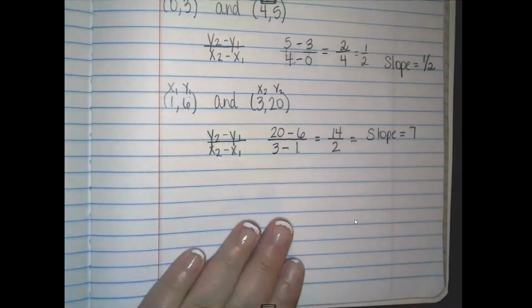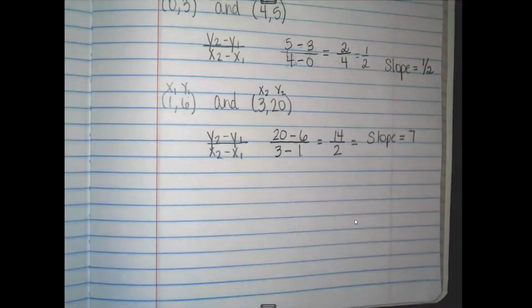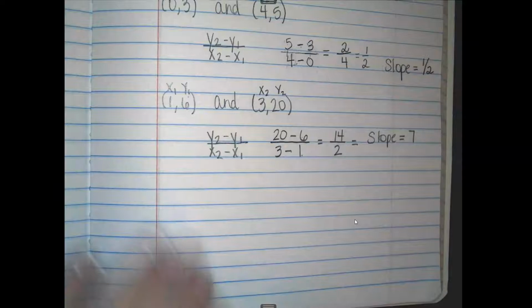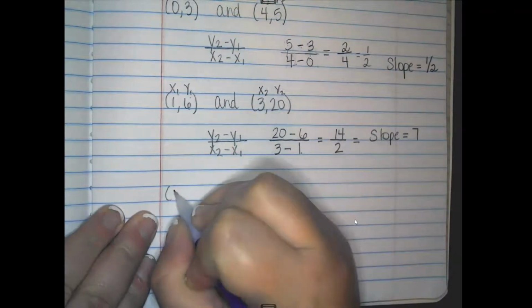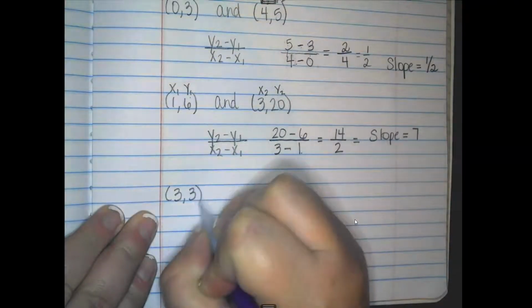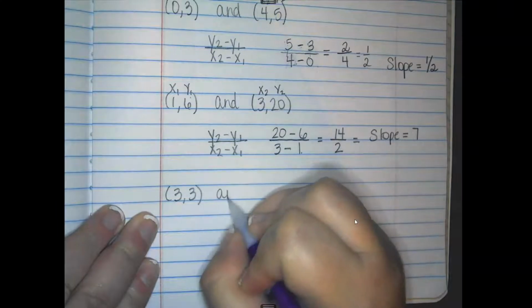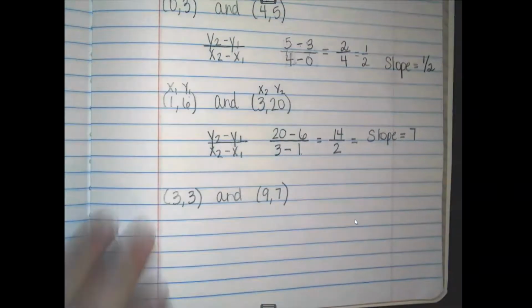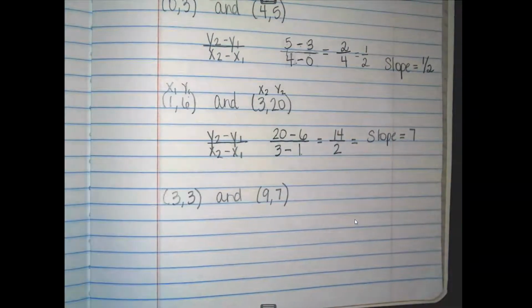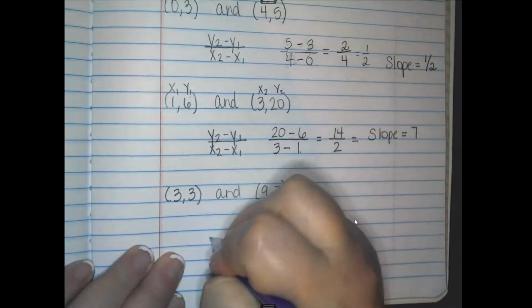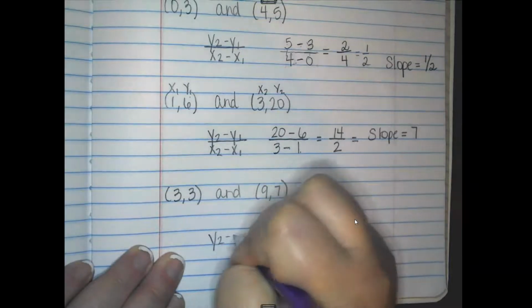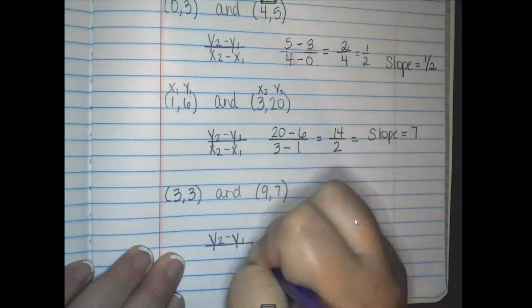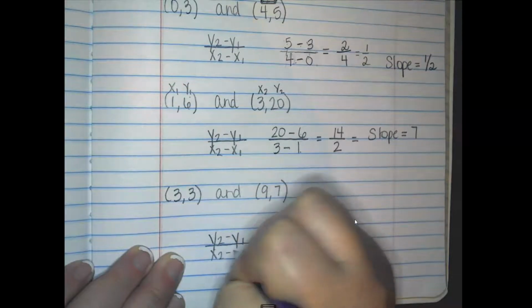Sorry, went off the screen. We're going to put one more on the right side, and then we're going to go to the left side and practice some. Alright, so our next example is 3, 3, and 9, 7. My formula, y2 minus y1 over x2 minus x1.